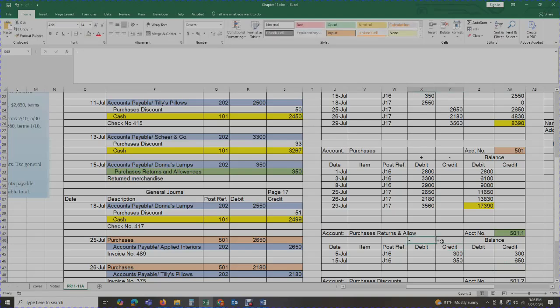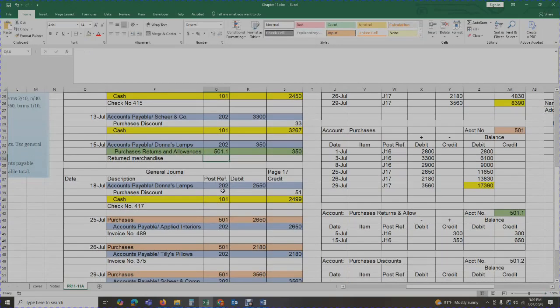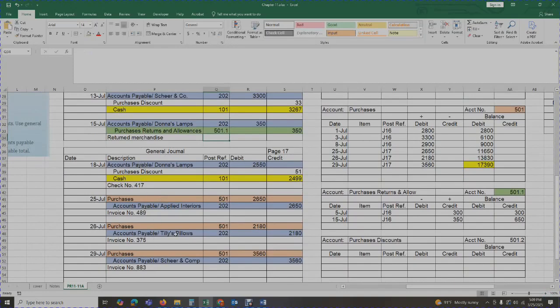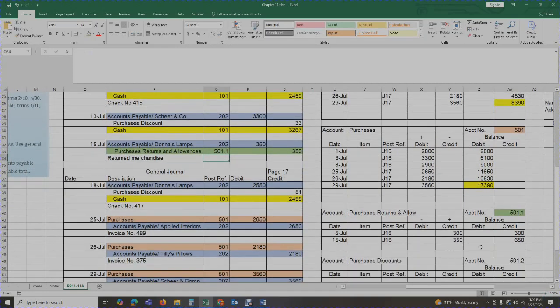Okay. This has the opposite balance of your purchases account. Remember, it's a contra purchases account. Okay, so my ending balance is $650. I'm going to go back and I'm going to enter 501.1. I'm going to make sure we don't have any more. No, we don't. So we only have 2 entries for purchases, returns, and allowances. So during the month of July, we made 2 returns totaling $650.